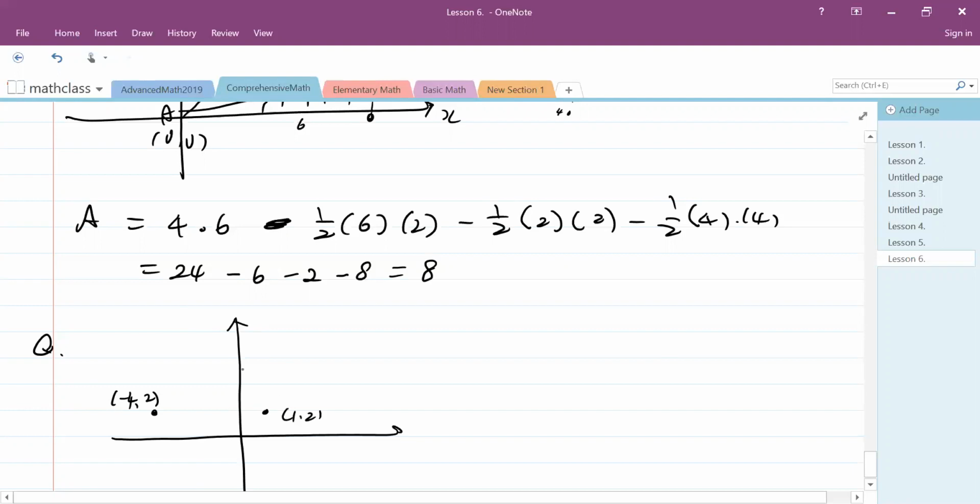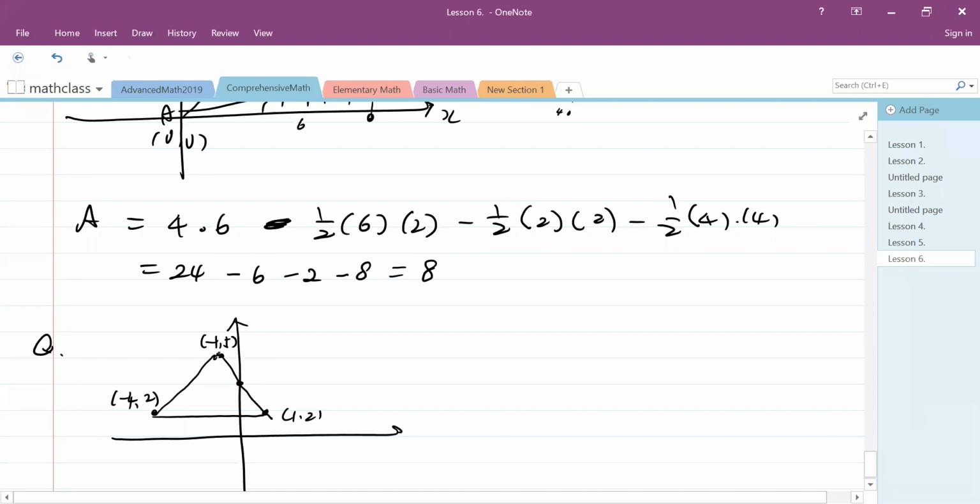And that is, I'm trying -1 and 5. Okay, so I have a triangle. It's easy to get the area, right? Yeah, -1 and 5.